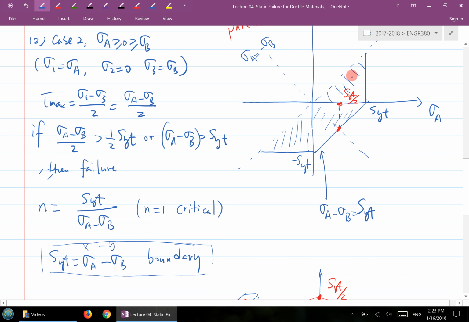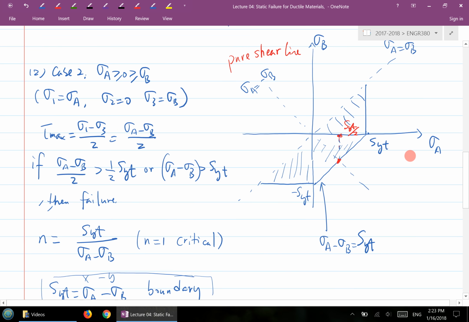From a more emphatic point of view, we can mirror the bottom to the top, to make a hexagon. So overall, for the MSS, it's safe within the hexagon and unsafe outside.